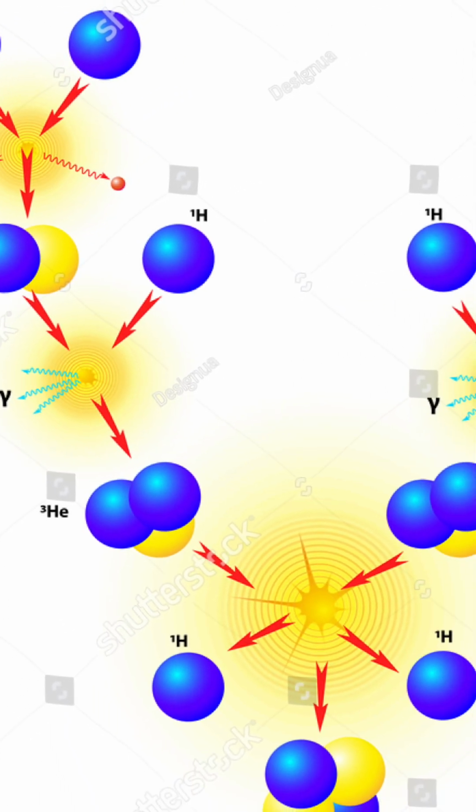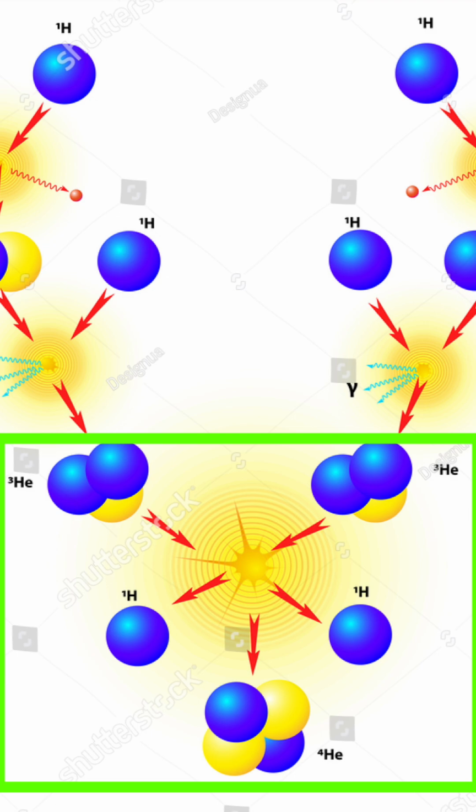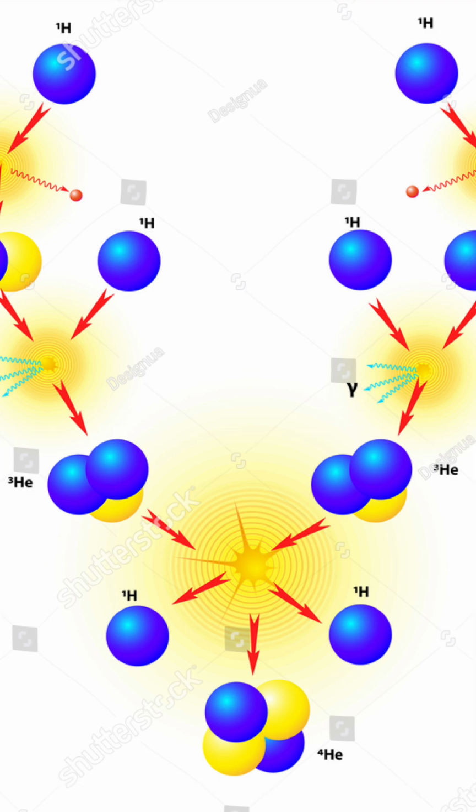Now come to the last part, that is the fusion of two tritium. But this process is not as easy as you can see on the screen, that is, two tritium fused to create helium-4 and emit two protons.